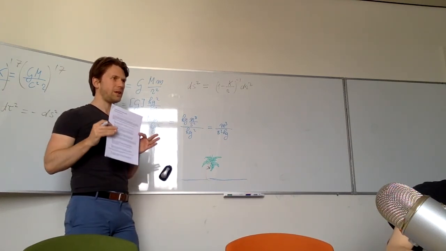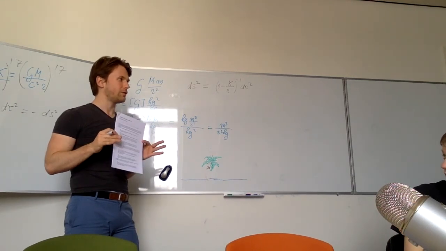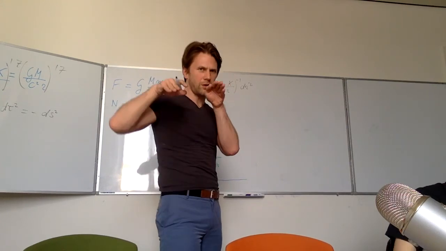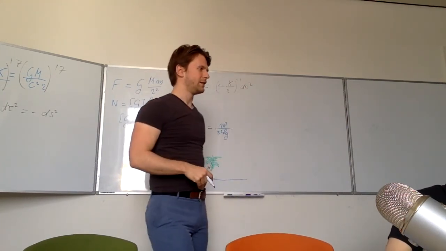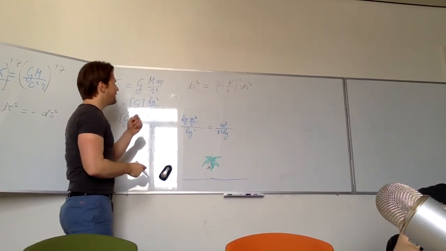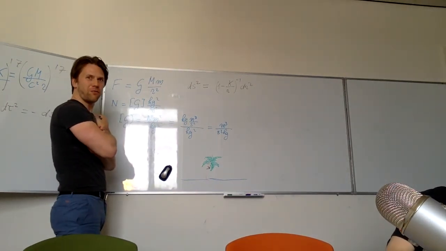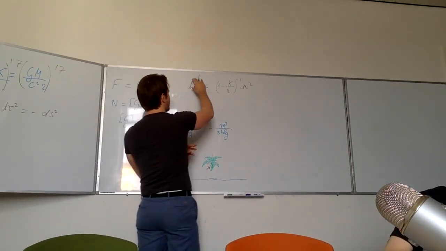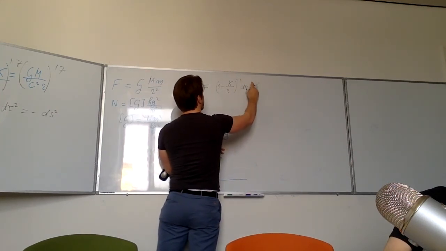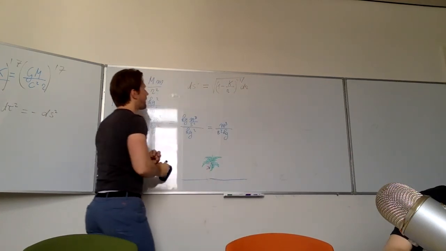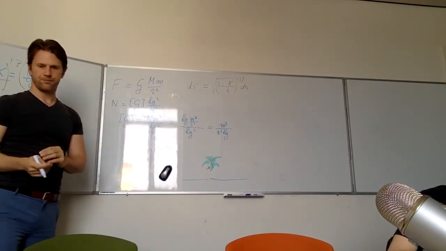There's no physics there, that's really just the exercise. I'm asking for the radial distance. So I have this. No minus signs, by the way, so I can now safely take the square root of both sides.